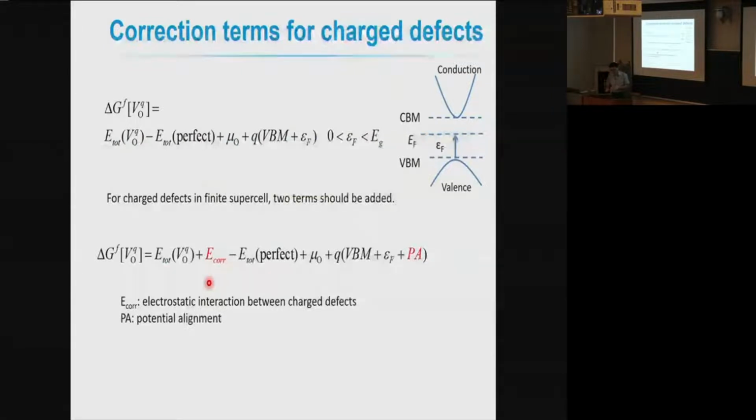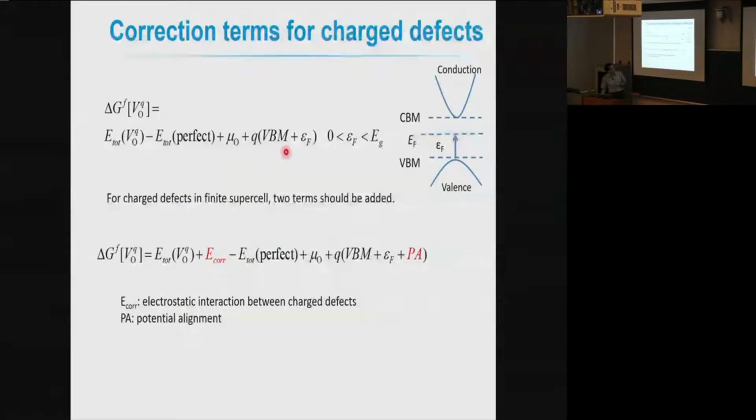Okay, so here in the previous section, we have seen that the free energy of defect formation is calculated from the energy of the defective cell and the perfect cell, and also the chemical potential, and also the Fermi level.